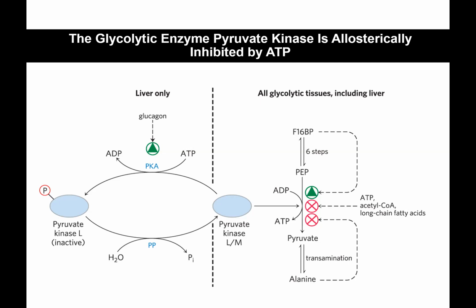We want to think about when pyruvate kinase is activated, and why or why not, depending on the tissues, right? Let's focus on the liver first. Who wants to take a stab at explaining in words what's going on here? In the presence of glucagon, let's say.